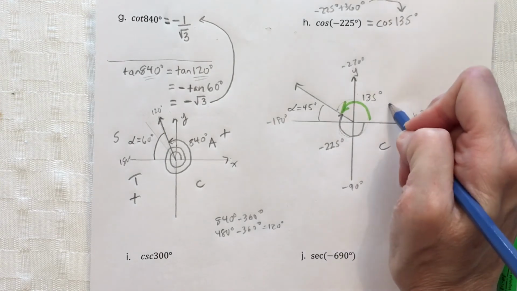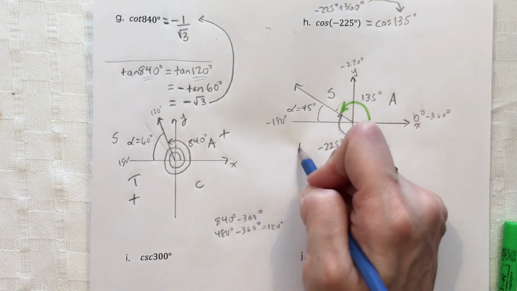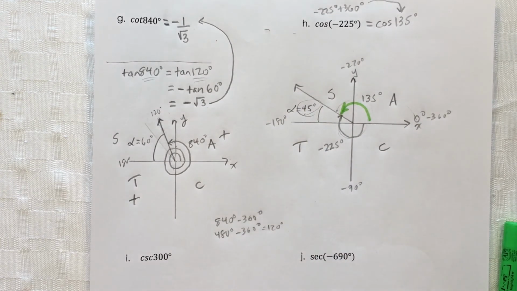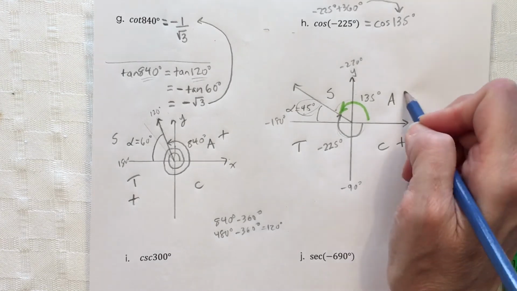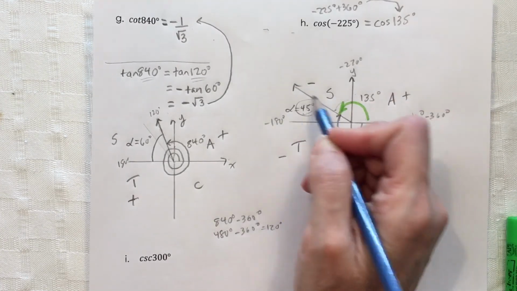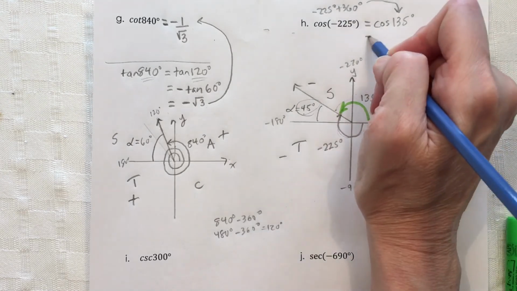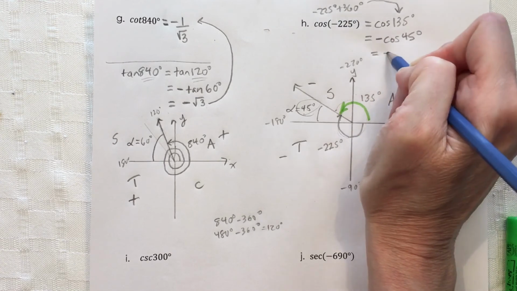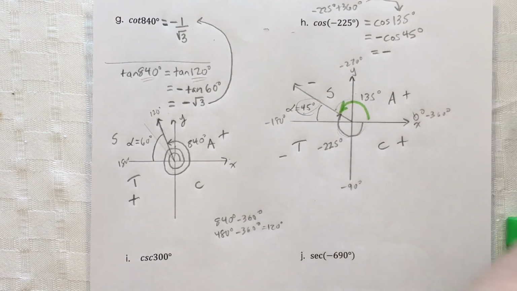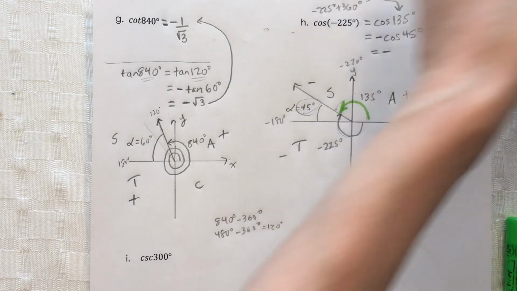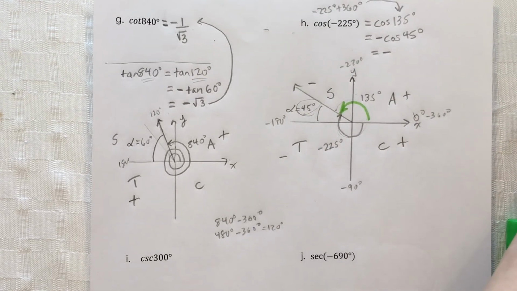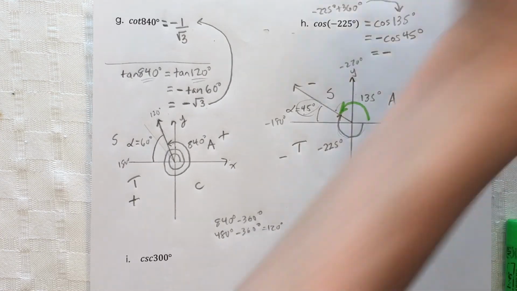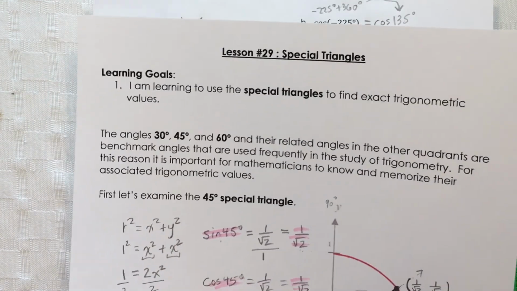So now I have to apply the CAST rule again and special triangles. I know my special triangle is my 45-degree triangle. And I know cos is positive in the first and fourth quadrants and negative in the second quadrant, which is where my angle is. So it's going to be negative cosine of 45 degrees. If I look up the cosine of 45 degrees, it was 1 over root 2.